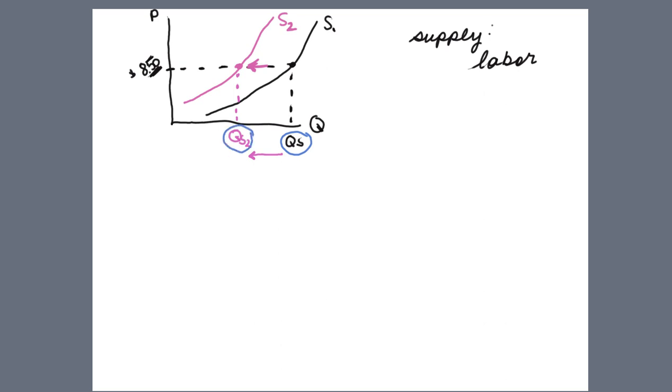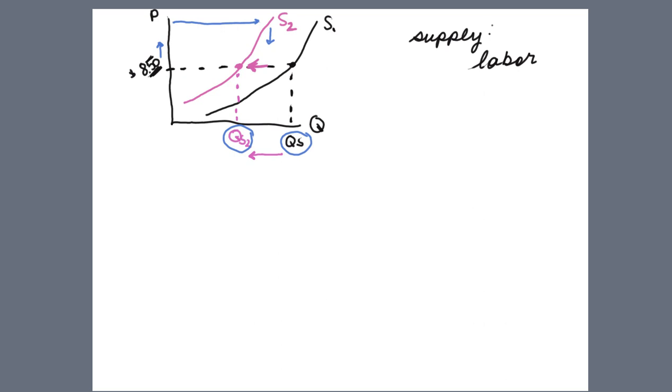And in order to do that, they have to increase the wage to a place where when I come across and go to this second supply and then come down, I hit the original quantity supplied.